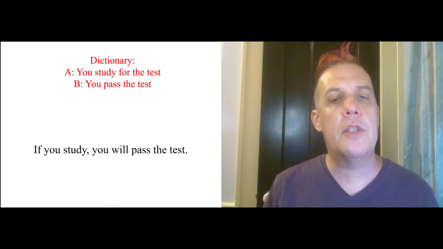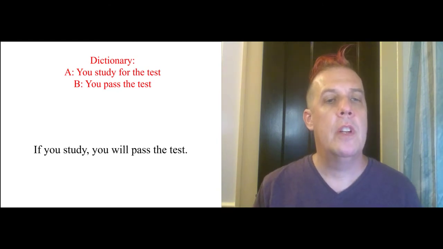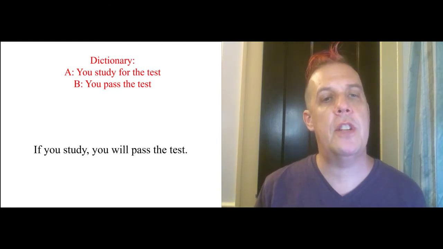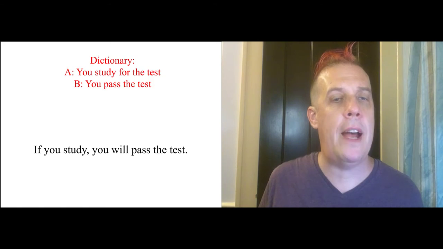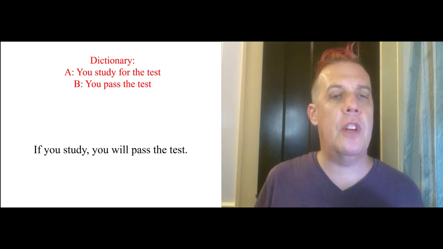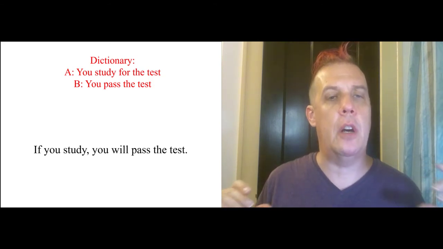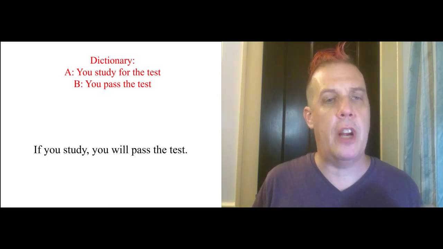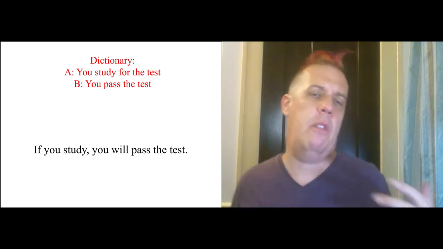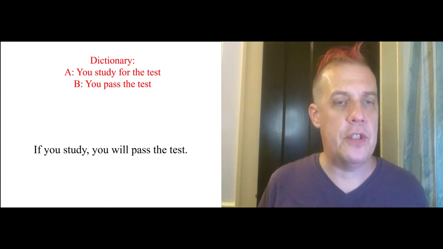Okay, let's take a look at some more examples here. If you study, you will pass the test. This has two atomic statements in it. You will study for the test and you will pass the test. Notice that I've actually expanded you study a bit more when I write out the dictionary for A, just so it makes more sense as a standalone statement.